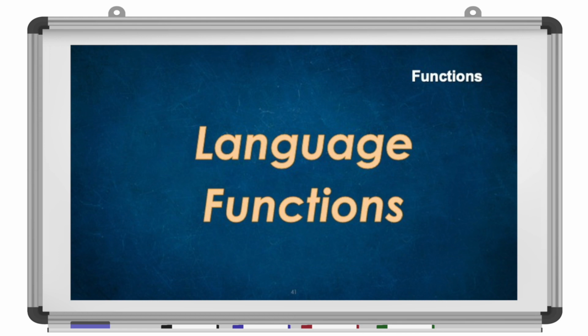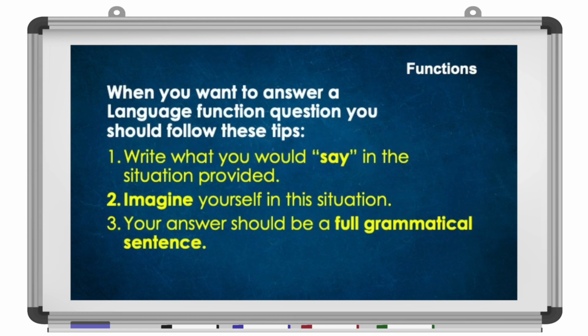Now, language functions. What do you know about language functions? When you want to answer a language functions question, you have to follow these tips. First, write exactly what you would say in that situation.